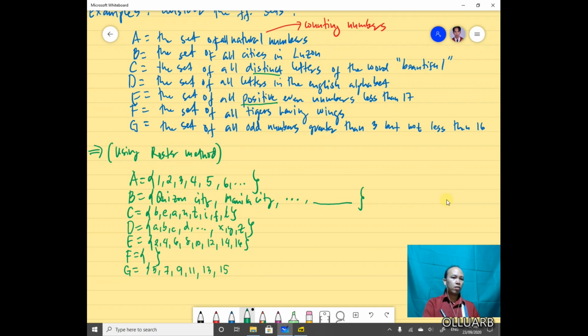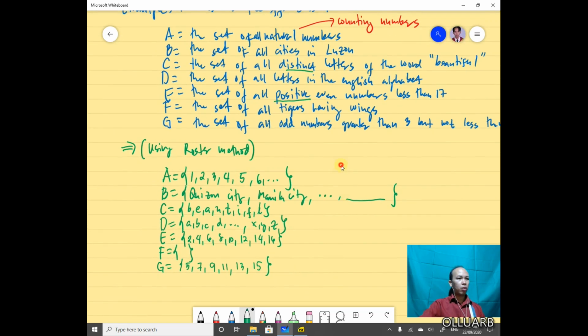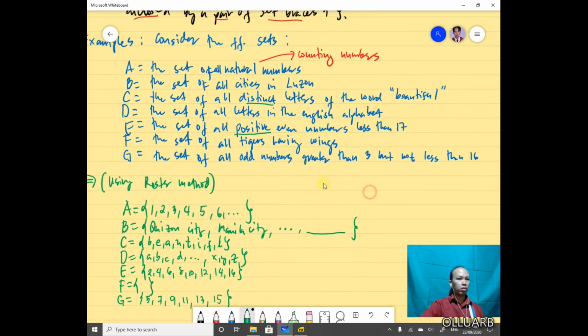The next odd number is 17, and it says here but not less than 16. So the set of all odd numbers greater than 3 but not less than 16. That's how you use the roster method.